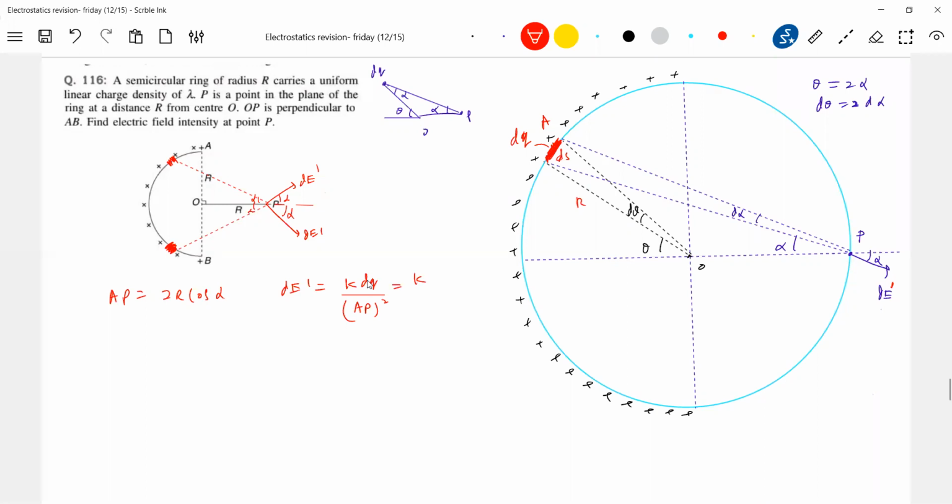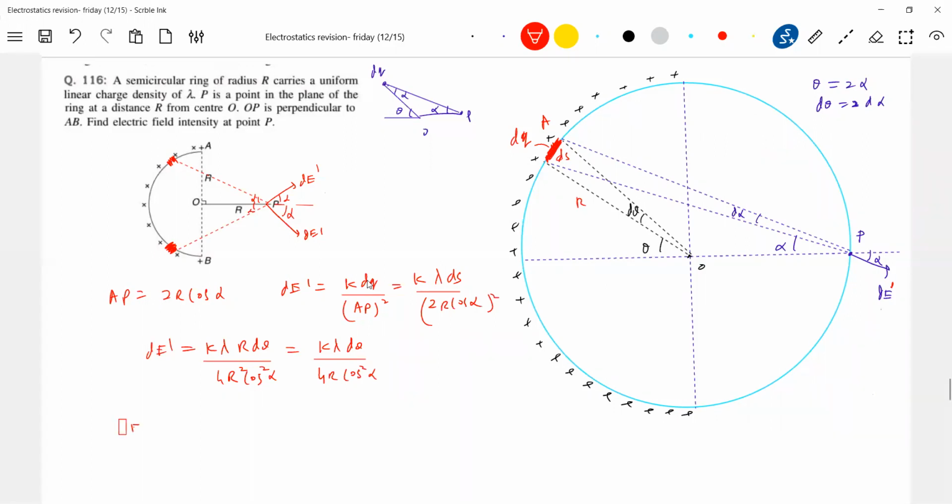K dq should be lambda ds, divided by 2r cos alpha whole square. ds will be r d theta. So K lambda r d theta by 4r square cos square alpha. One r gets eliminated. So K lambda d theta by 4r cos square alpha. This is the dE dash.